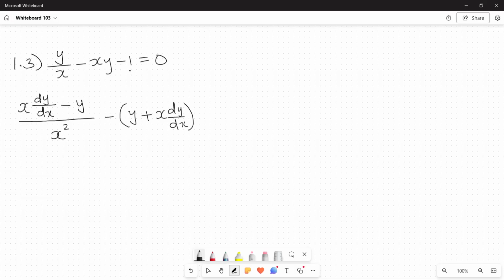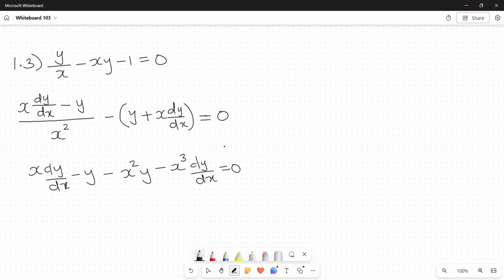So if something is not changing, then its rate of change is 0. So this is equal to 0. We can multiply everything by x squared. So we have x dy/dx minus y, and then minus x squared y minus x cubed dy/dx. This is equal to 0.